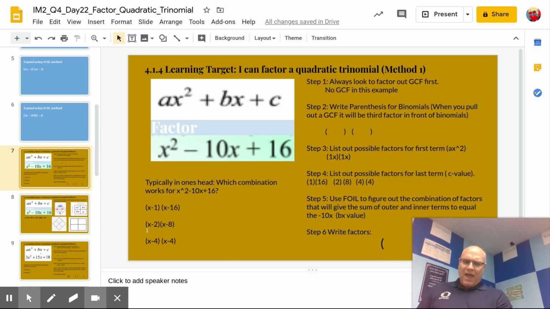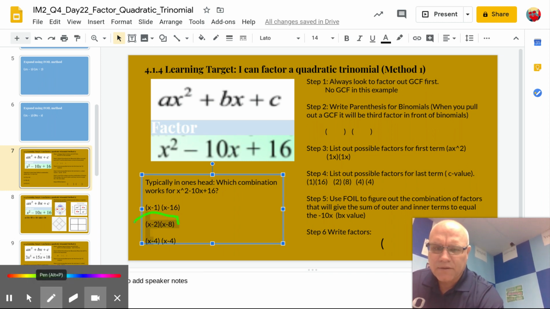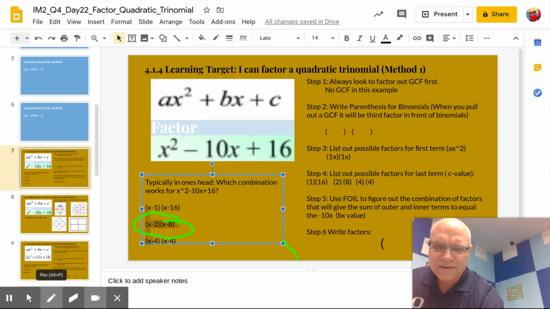But when you do x minus 2 times x minus 8, you're going to get negative 10x. This combination is going to work, so that would be your factors. You write out your factored form, and you would have used this one here. This is the right one, right? x minus 2 multiplied by x minus 8.